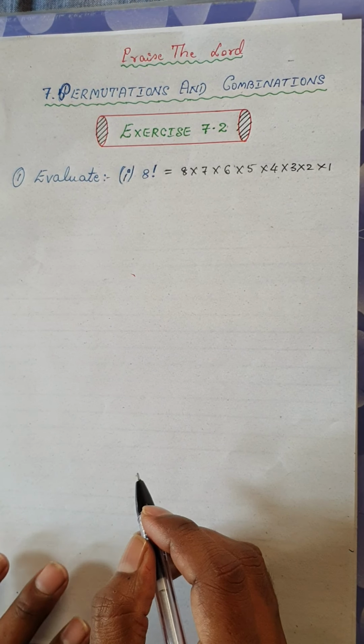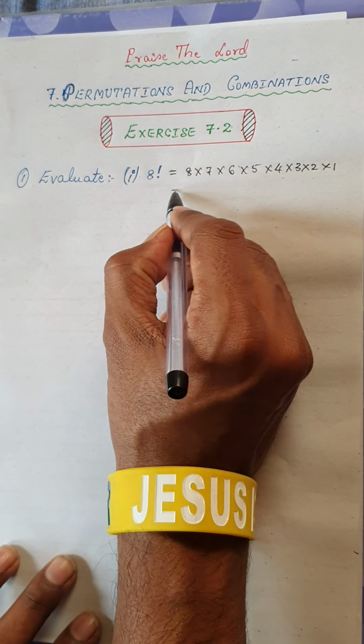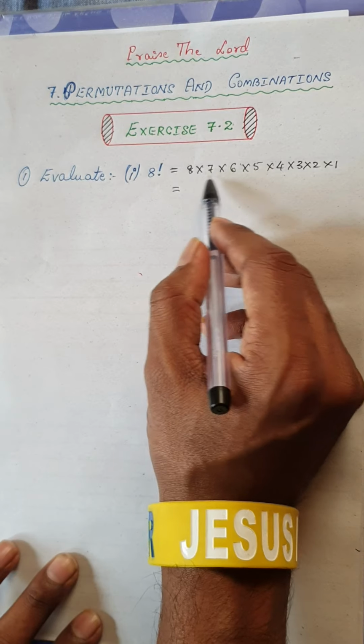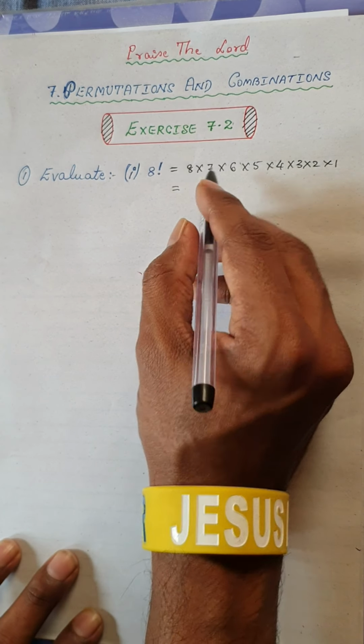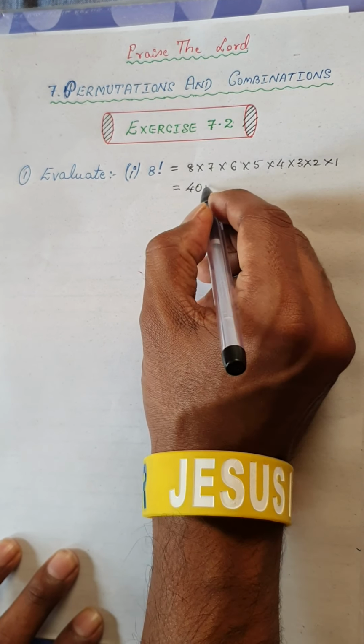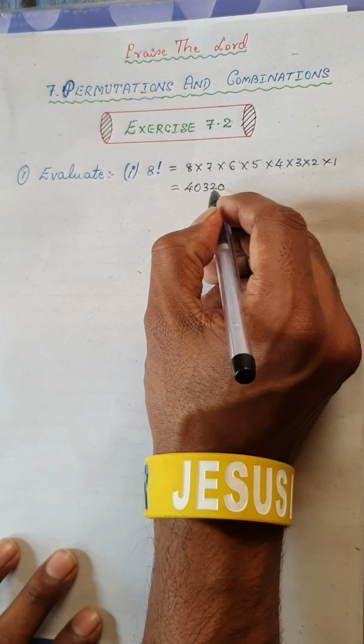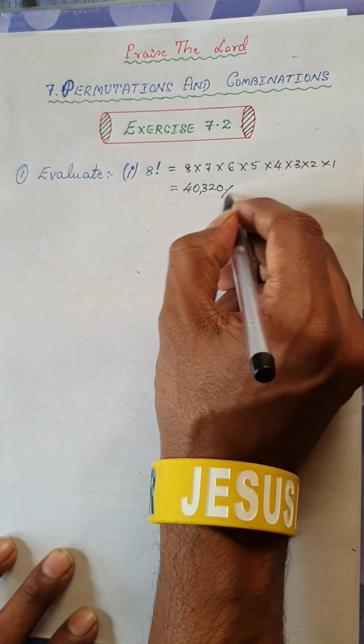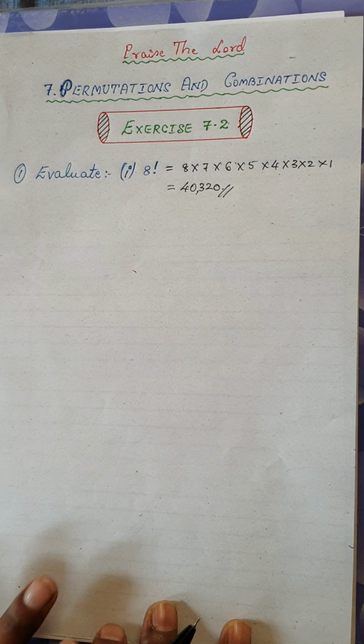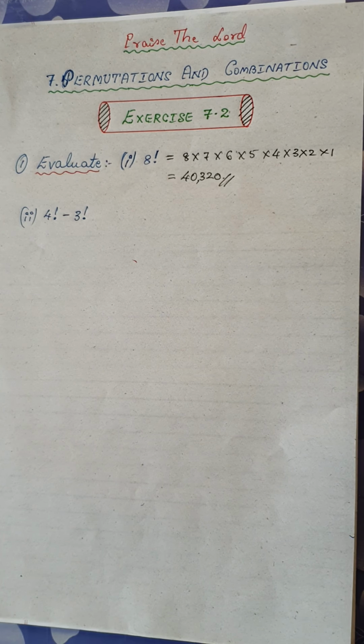You are allowed to use basic calculators. If you multiply all these numbers, you are going to get 40,320. This is the value of 8 factorial.